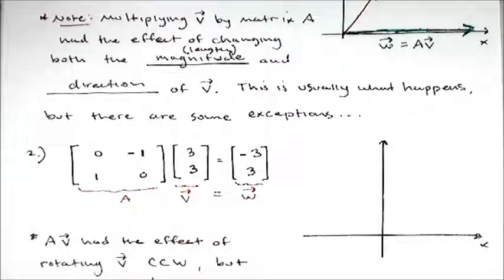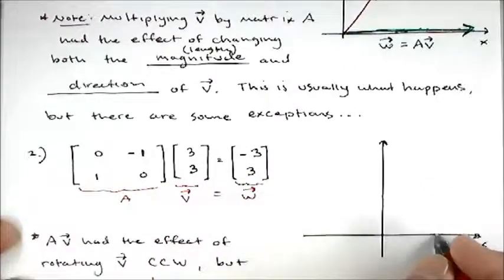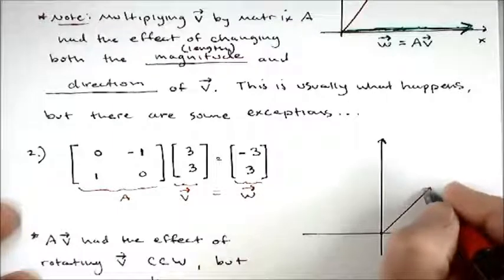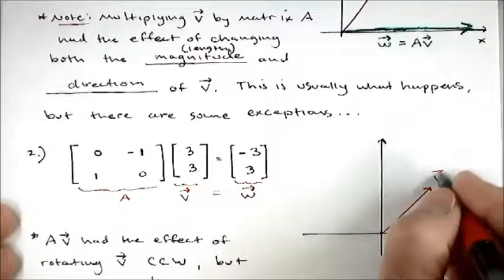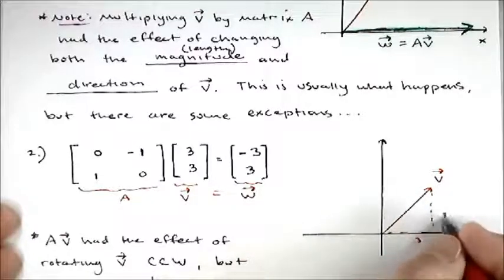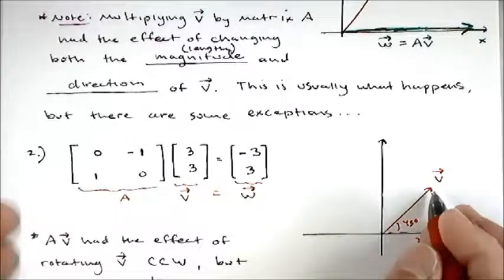Well, vector V, 3, 3, is a vector over 3, up 3. So that's a vector like this. Here's vector V. And you can kind of tell here that, if this was 3 and this was 3, this makes an angle of 45 degrees with the x-axis.